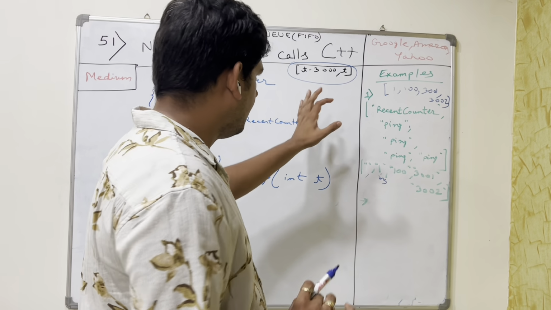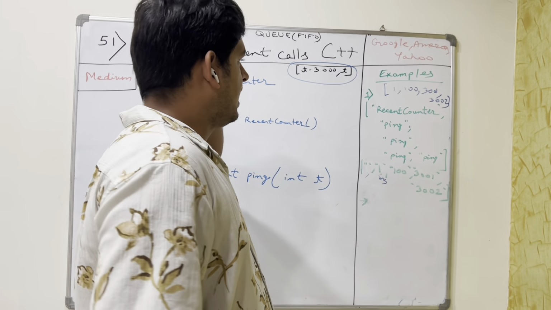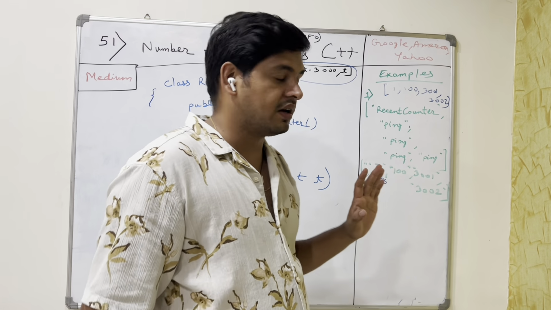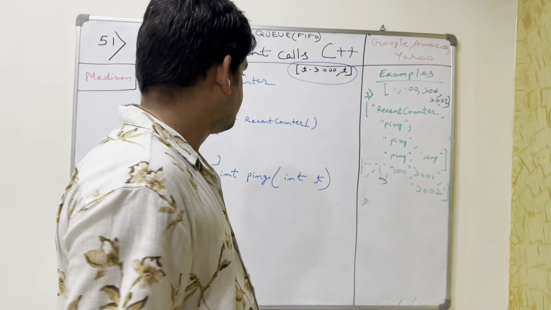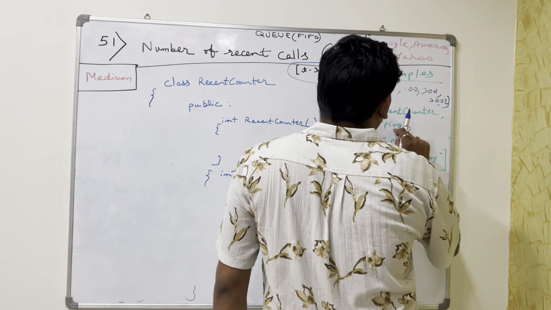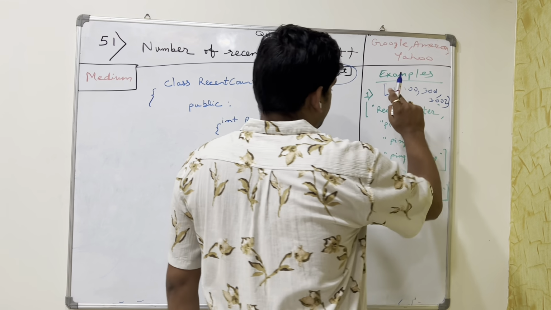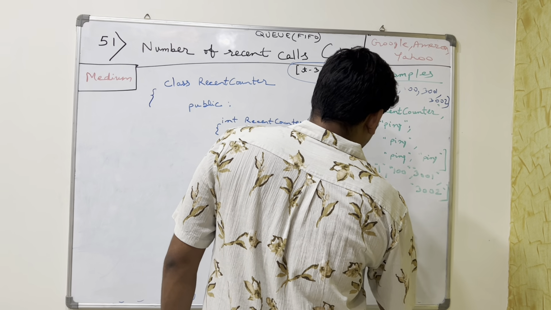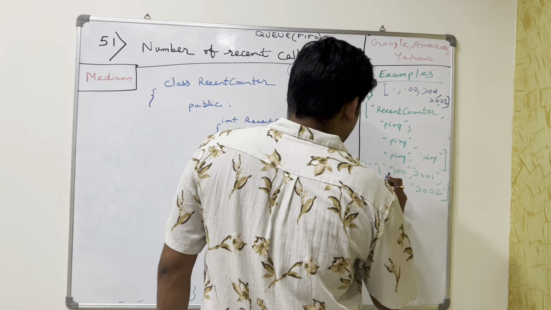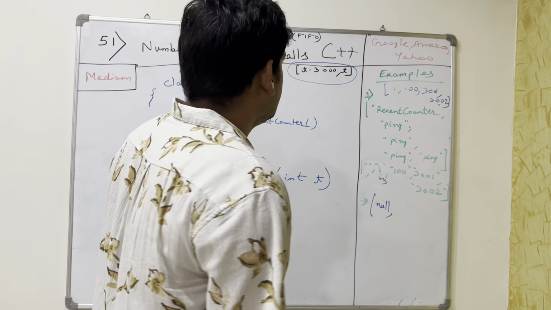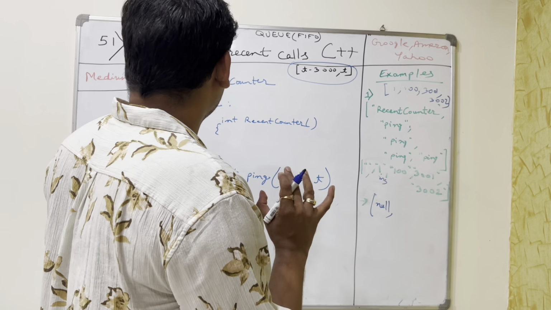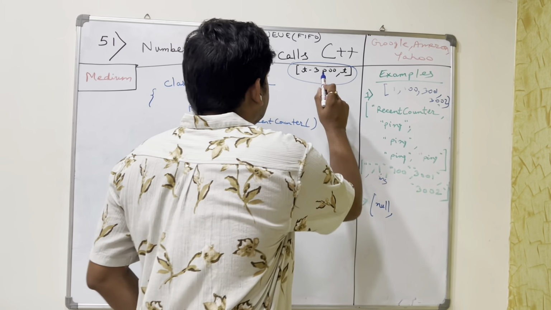Okay, let's solve this example and then we will see how we'll implement this recent counter class, the ping function. Okay, so when we call it for the first time, so in this case 1. Here when the call function is called, we return null. Okay, next when this 1 is called, that means we need to find out how many calls are there in the recent counter between this frame.